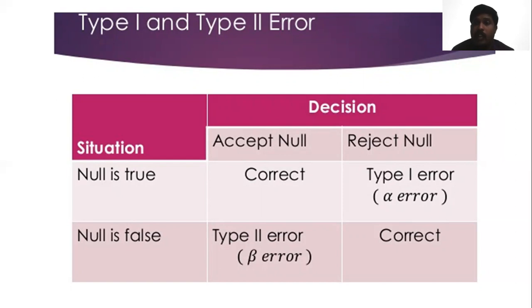If you reject a null hypothesis which is true, then that error is known as alpha error or type 1 error. The vice versa can happen. That is, the null hypothesis is false, but you accept it. That type of error is known as beta error or type 2 error.